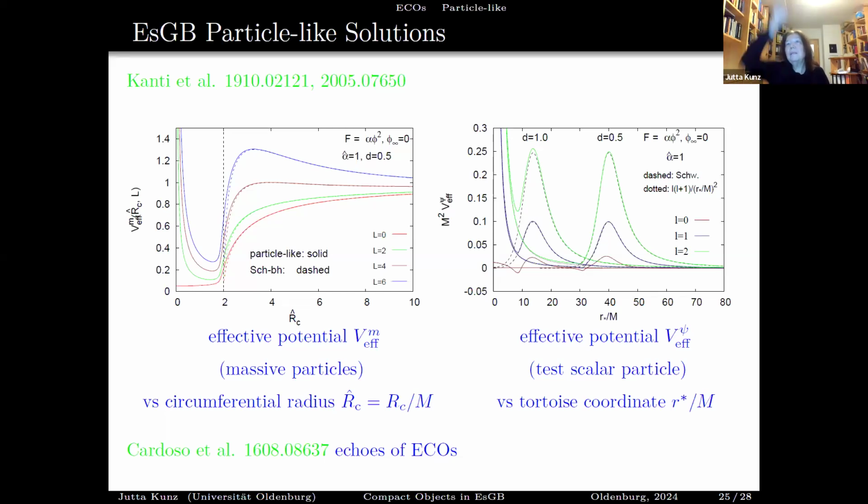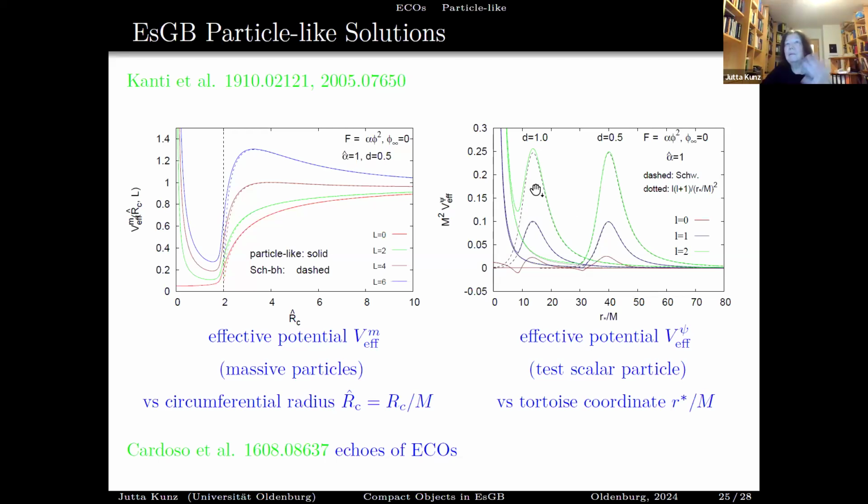The effective potential diverges for finite L. And it's not the case, of course, for the black hole. When you have a black hole and now there's such a wave coming in, it's meeting this potential barrier, and then it's in part reflected and in part it's going to the horizon and, yeah, it's gone.